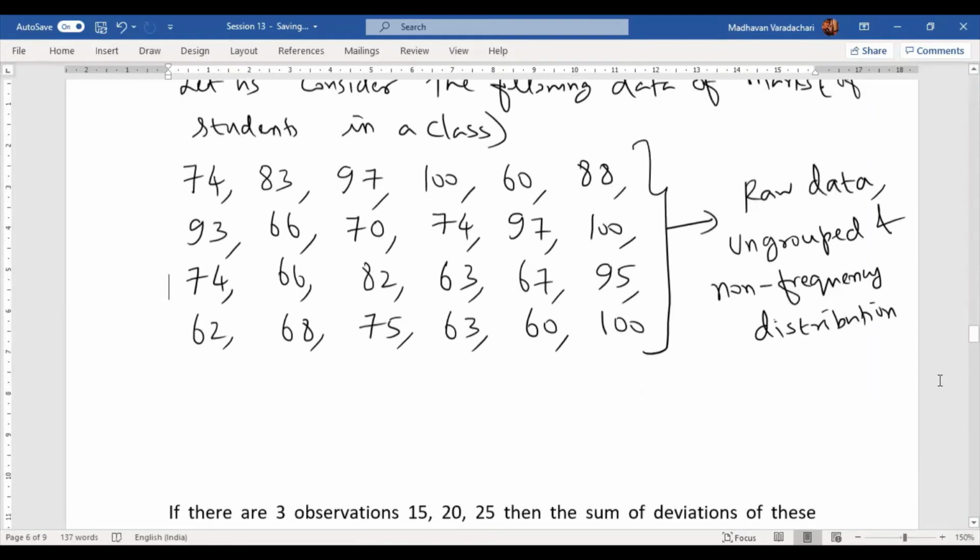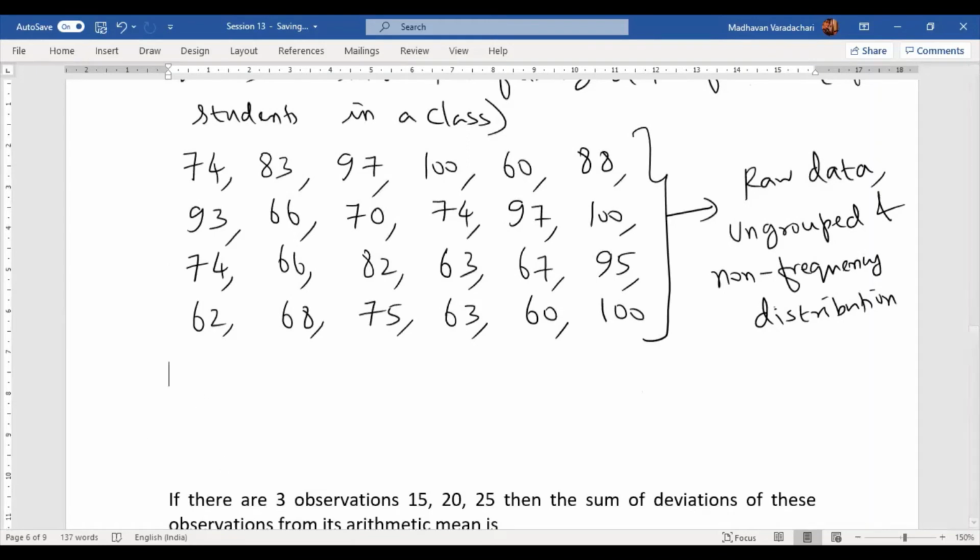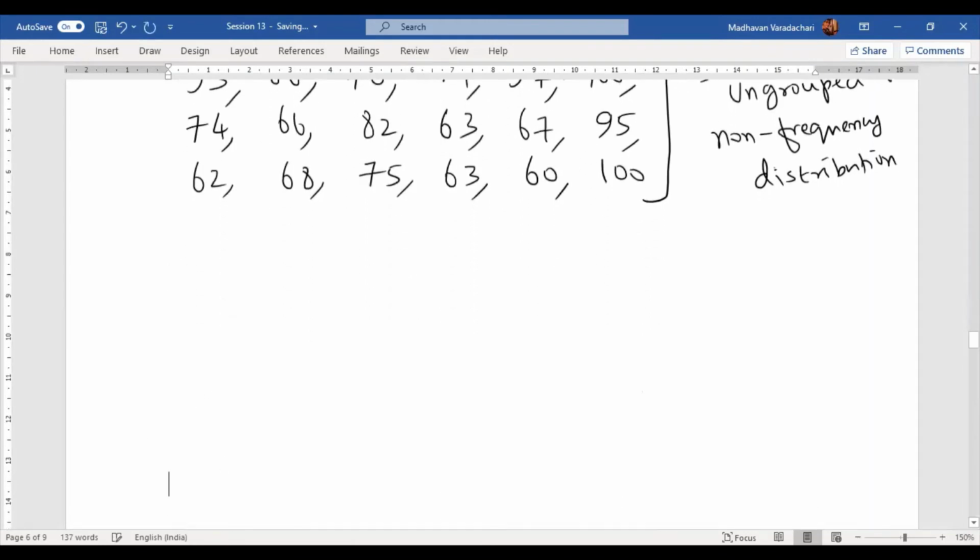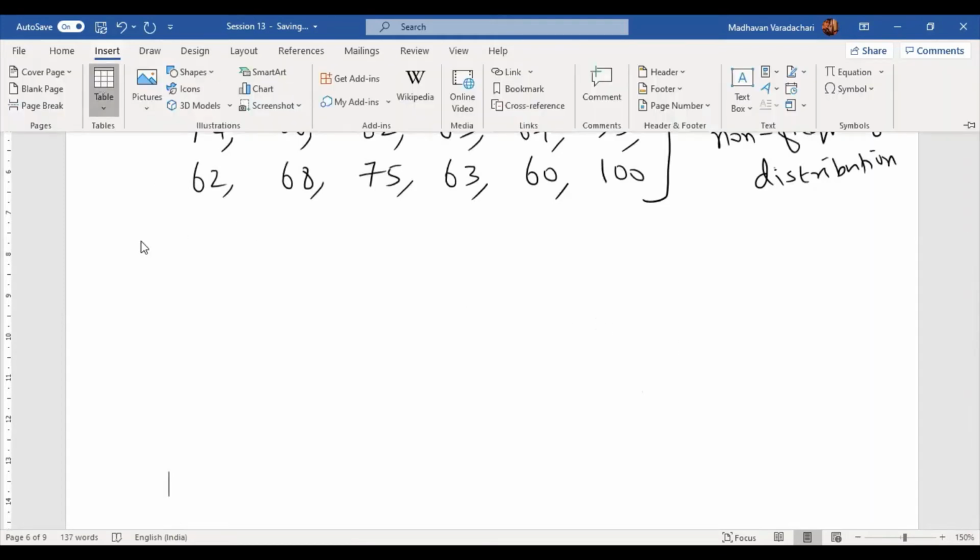Okay. Now, let me write how we create a frequency distribution. So now I can create a table.